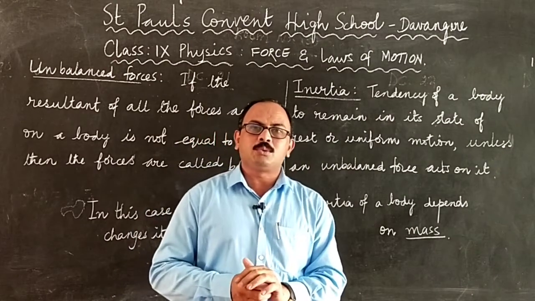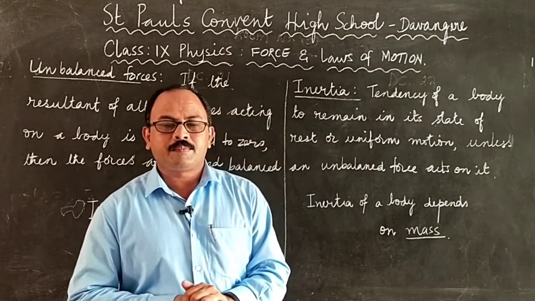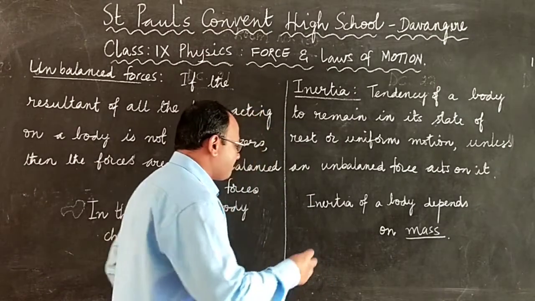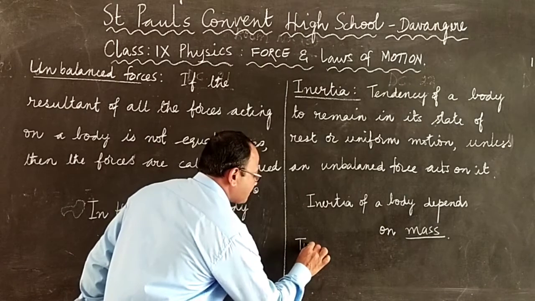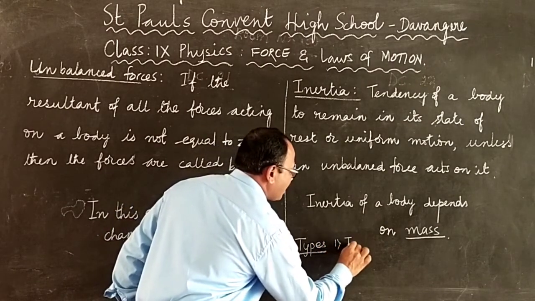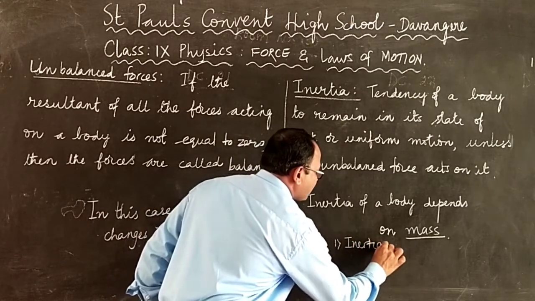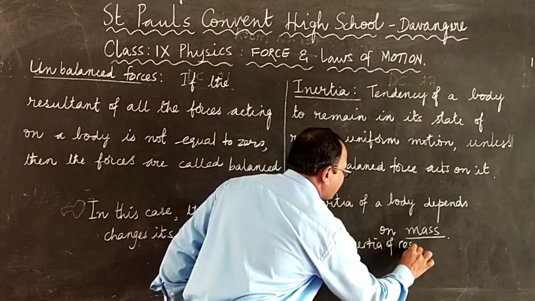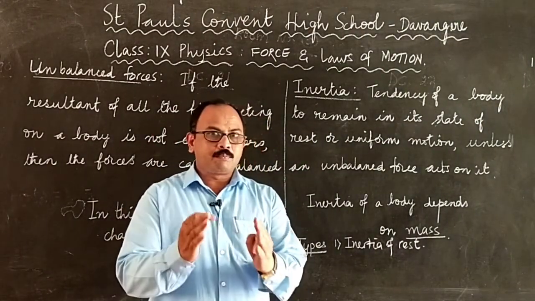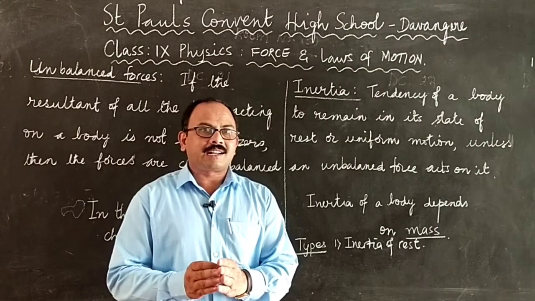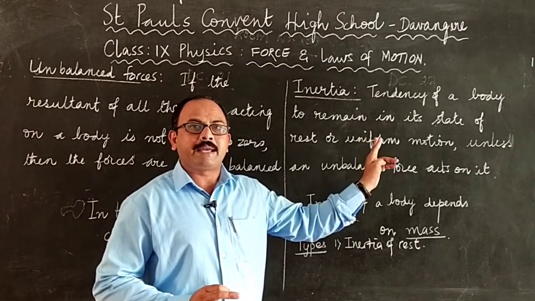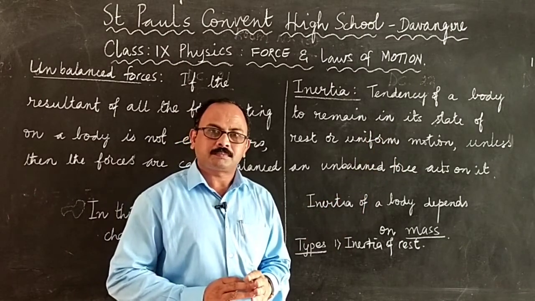If we look into the types of inertia, there are three types of inertia, children. First one, inertia of rest. What is inertia of rest? If an object is at rest, it will continue in its state of rest unless acted upon by an unbalanced force.